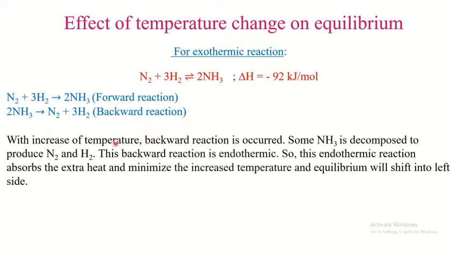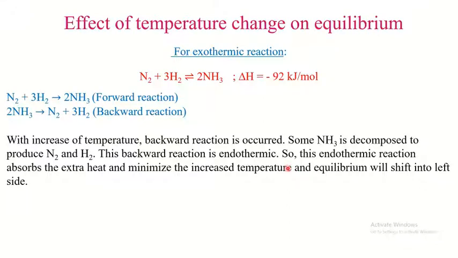Look, with increase of temperature, the backward reaction occurs. That means the backward reaction rate is increased. And backward reaction, which reaction? This reaction. Here in the backward reaction, some ammonia will be decomposed to produce nitrogen and hydrogen. And this backward endothermic reaction absorbs the extra heat and minimizes the increased temperature.